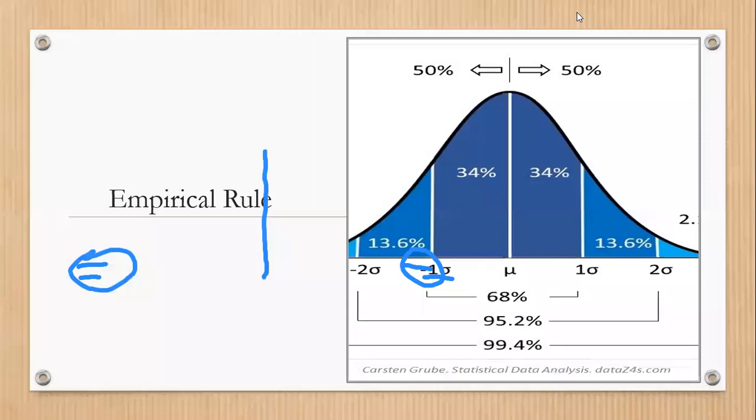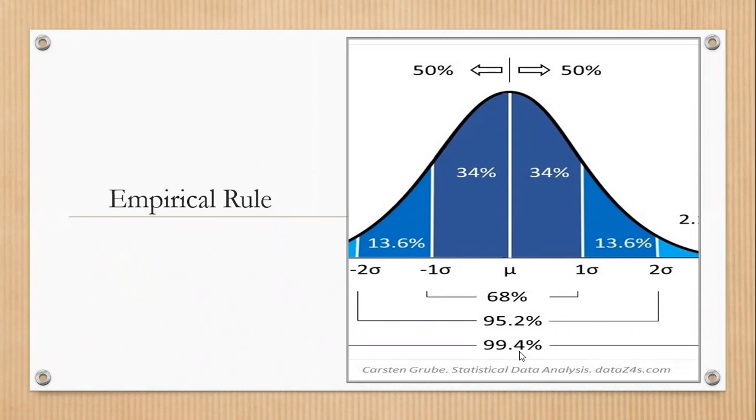Okay. What is this empirical rule? Empirical rule, or another term for that, is the 68, 95, 99.7 rule in some books. Okay? So how do we use this empirical rule?